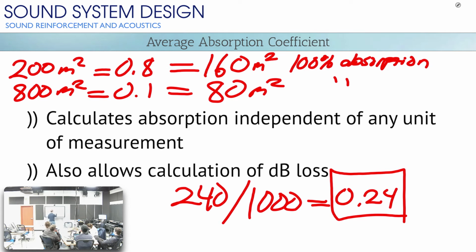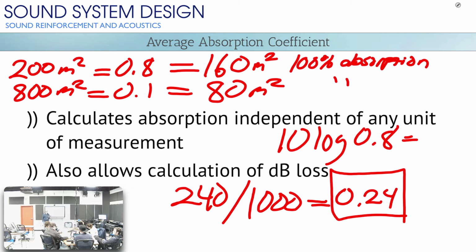So what would be 10 times the log of 0.8? That's what I got.